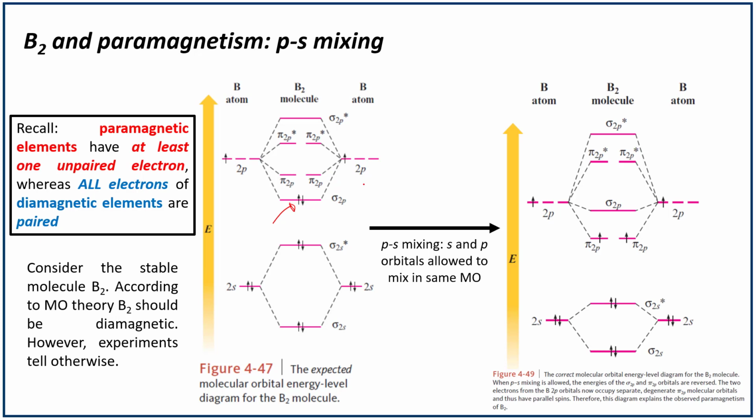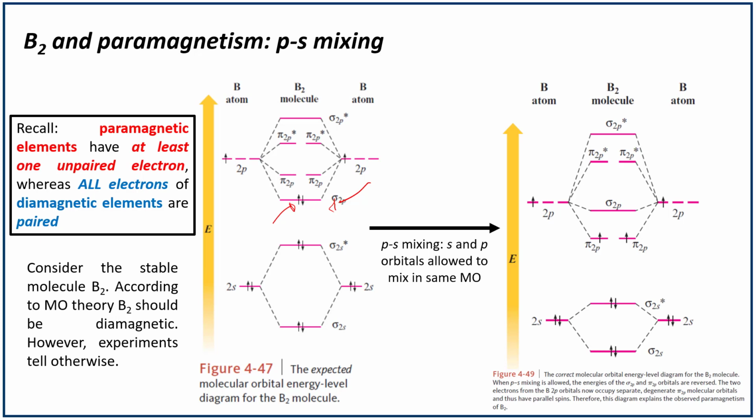From this structure, it's safe to assume that the sigma 2s and sigma star 2s orbitals of diboron, all of these valence electrons, are all paired. But diboron in an experiment is observed to be magnetic.